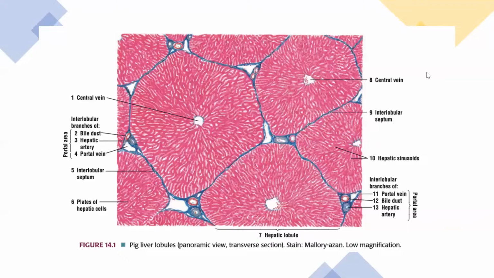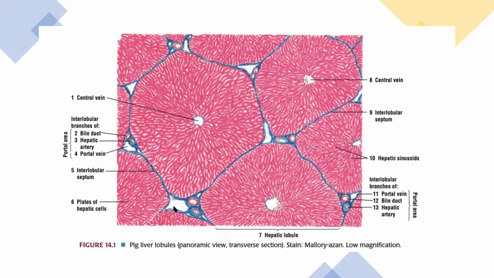Here is the microscopic structure of the liver lobule. You can see these hexagons, and you can see the central vein in the center. In the corner, you can see the portal triad or portal area. Each portal triad has one bile duct, one branch of the hepatic artery, and one branch of the hepatic portal vein.